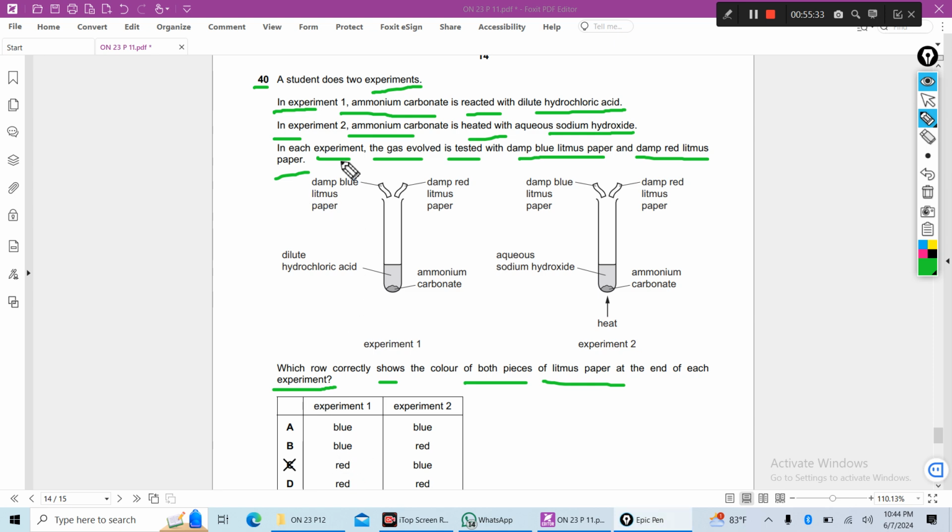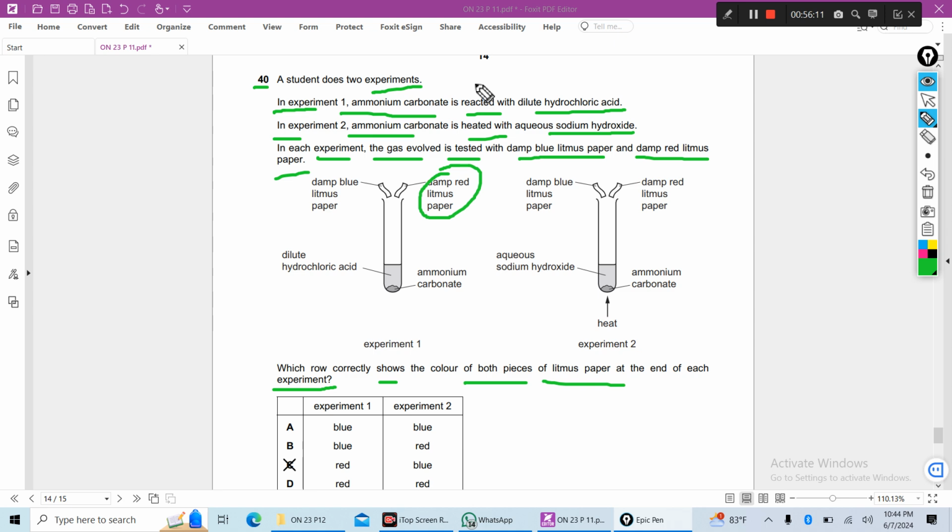Experiment 1. So ammonium carbonate, if you add hydrochloric acid, it is acidic, so damp red litmus paper will not change because no alkali is formed here.